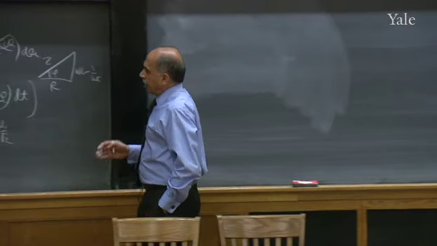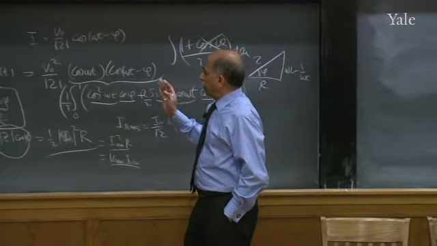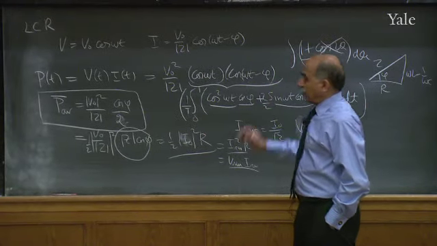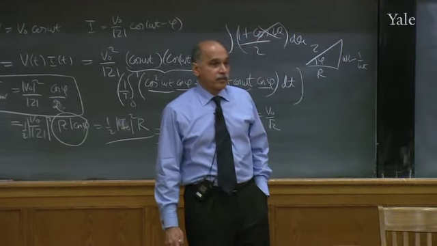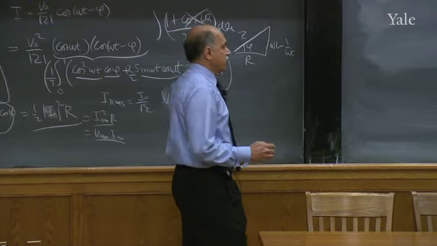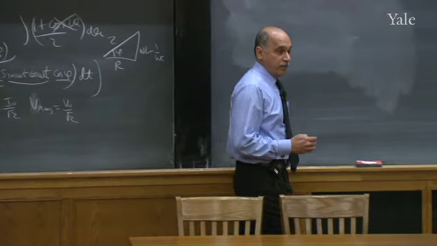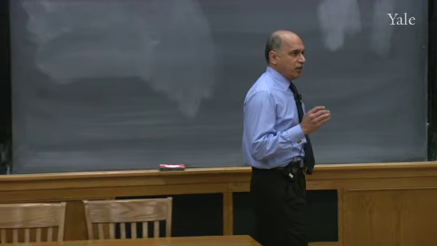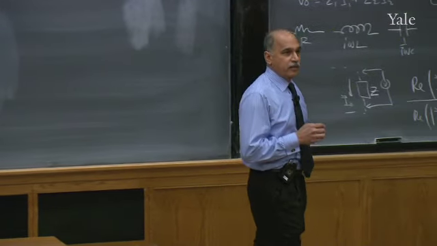Now, there is a way to get the power using complex numbers, if you like, but I'm going to assign that as a homework problem rather than do it here. But I want you to think about why it fails here.